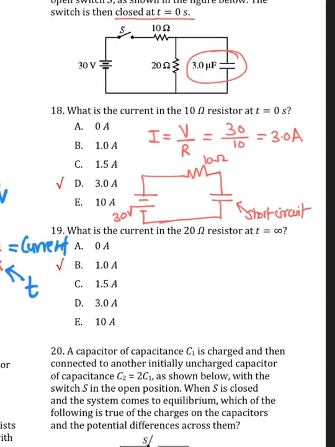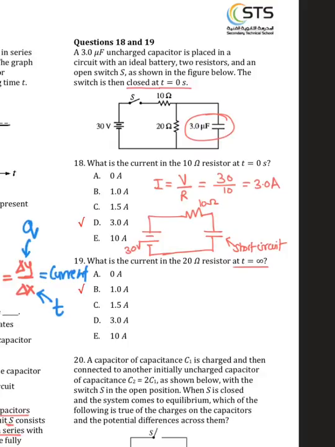The next one, what is the current in the 20 ohm resistor at t equal to infinity? Now at t equal to infinity, this capacitor is going to have the full potential as the circuit provides, and hence there is no current which can flow through the capacitor.